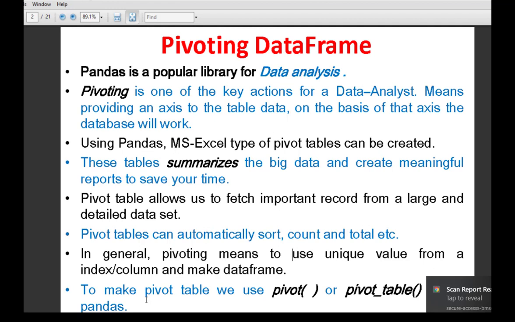To make a pivot table we use the pivot or pivot_table method from pandas. So we have to use the pivot or pivot_table method of pandas. With this method we can easily convert our records into pivot form.